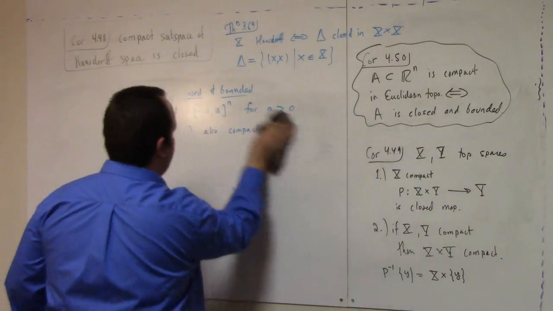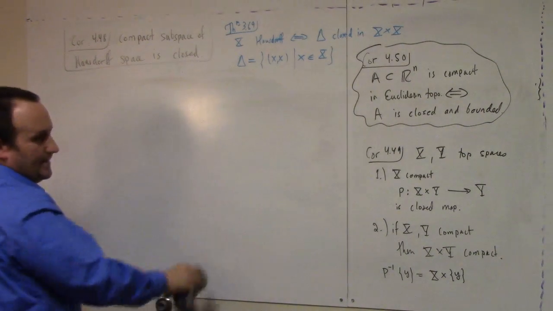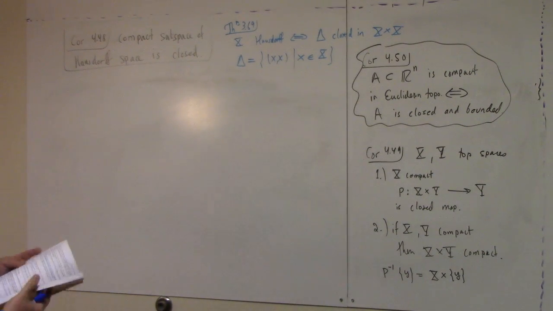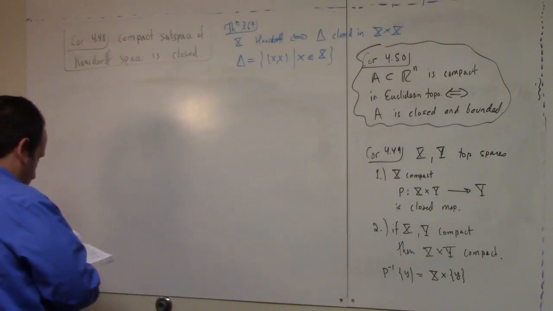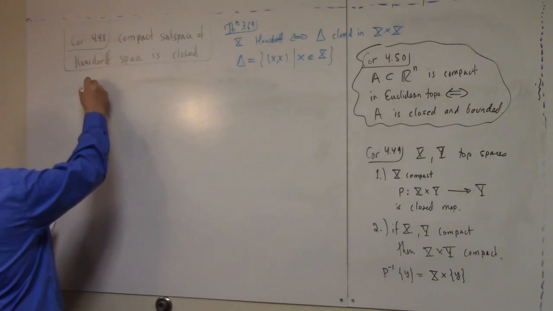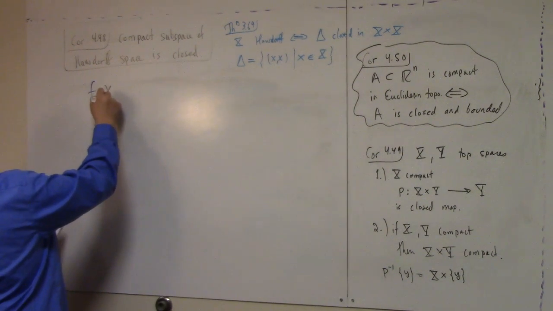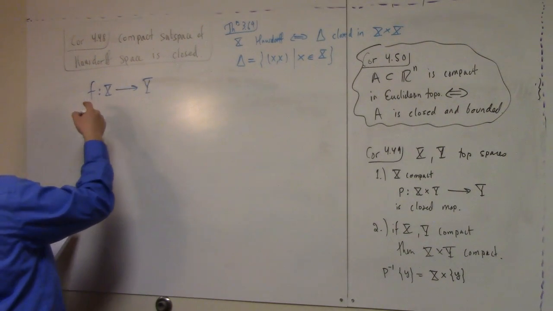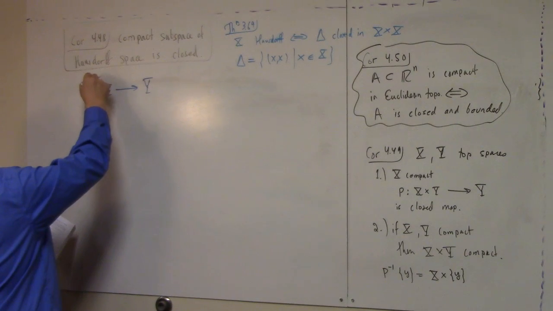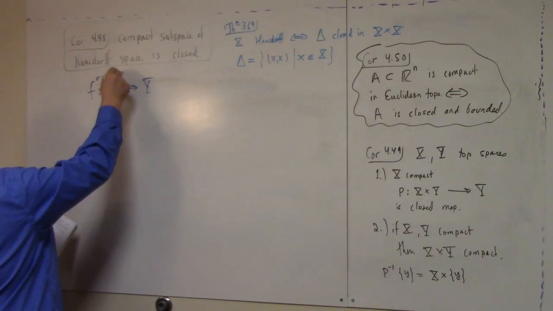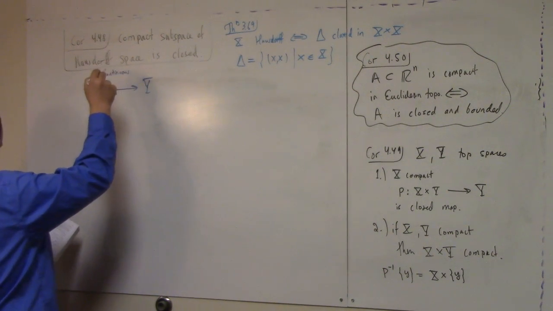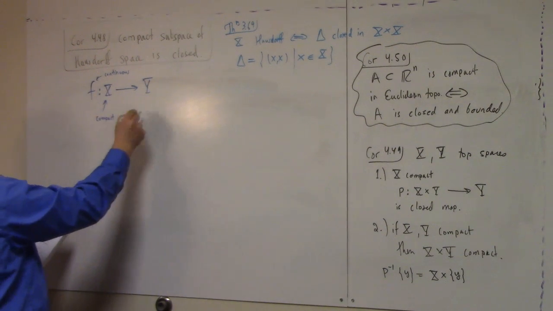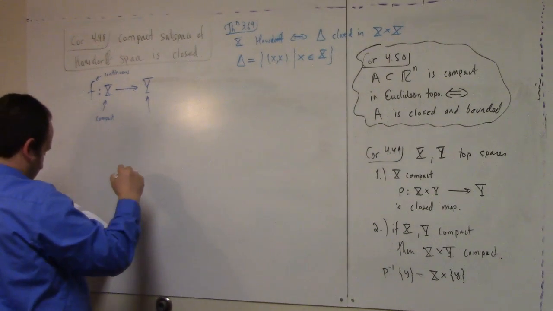So here's the deal. f goes from X to Y. f is continuous. And we're also assuming what? X compact, right? Y, what's the deal with Y?